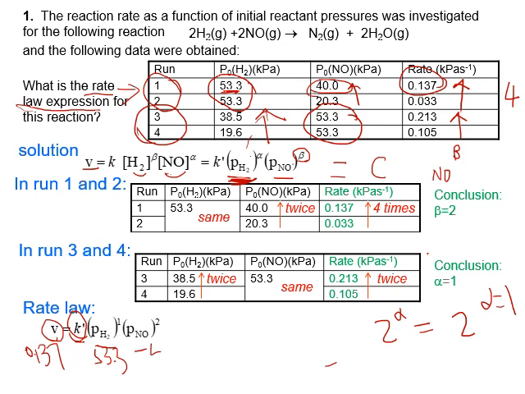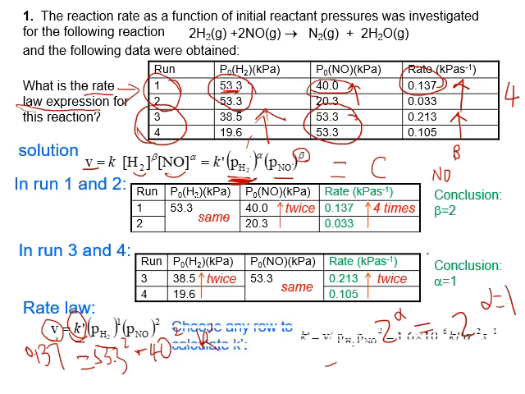So 40 squared times 53.3 times a rate constant equals 0.137, and we can calculate the K constant.